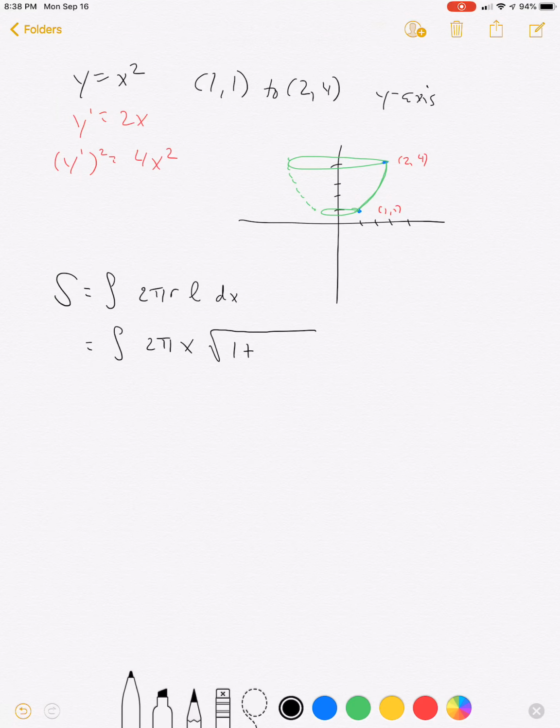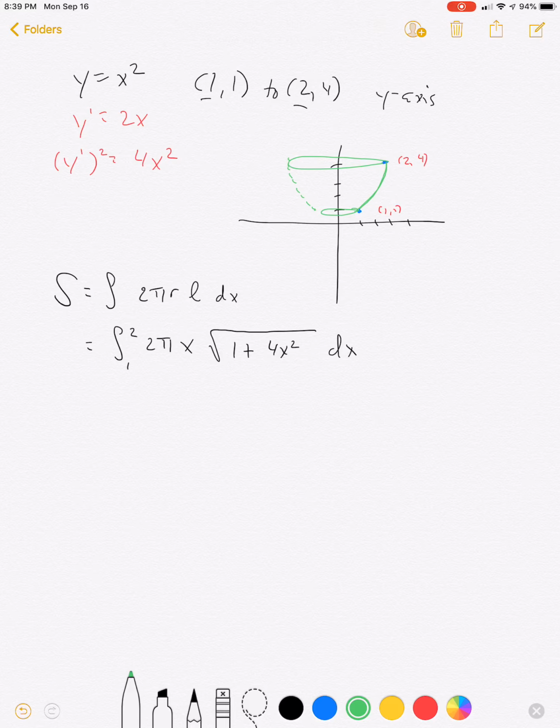So underneath the square root, I'm going to get 1 plus 4x squared, dx. Oh, and by the way, x is going to change from 1 to 2. With 1 plus 4x squared under the square root and the extra x on the outside, it looks like we're going to have to do a u substitution to calculate the integral.